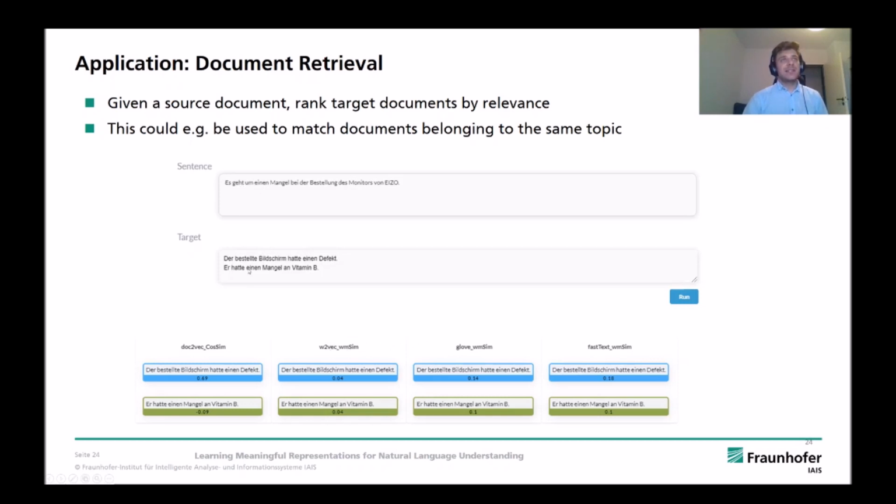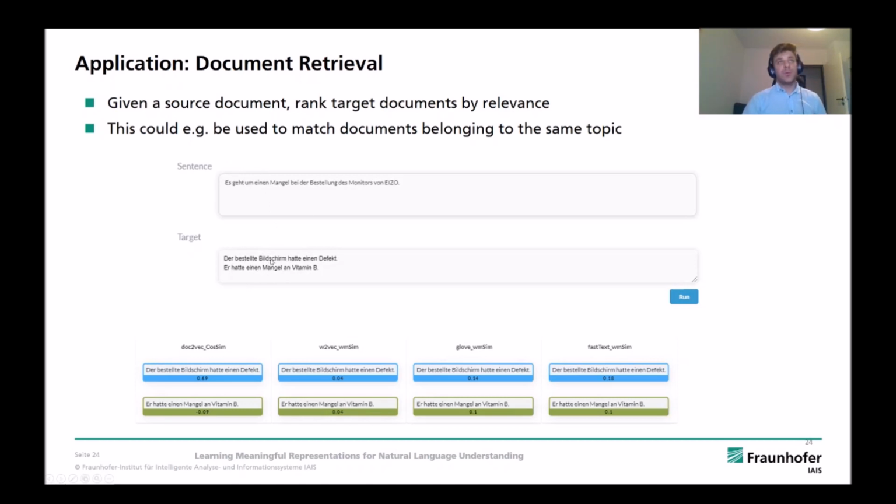And these sentences here are our source sentence. Es geht um einen Mangel bei der Bestellung des Monitors von ISO. So there was a mistake when we ordered this monitor from ISO. There was not a mistake, but there was a problem with the monitor that we ordered. And then the target sentences with which we want to compare this to are: the display that we ordered had a defect. The other one is: there was a lack of vitamin B. If you look at this more closely, you can see that the second sentence and the source sentence share more words.